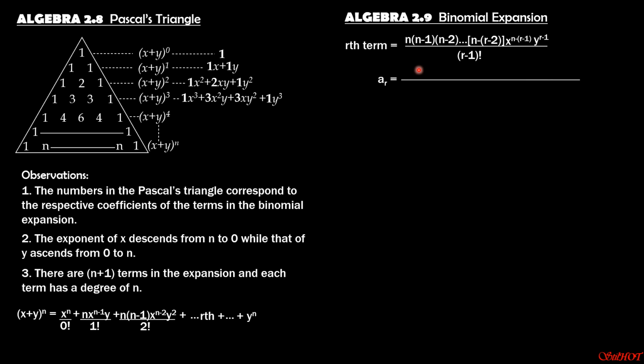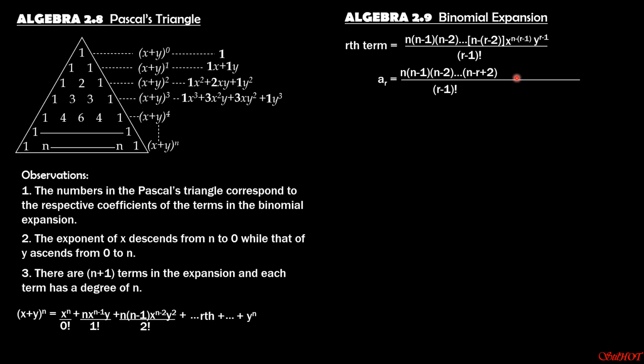So, simplifying further, we have n minus 1, n minus 2, dot. If we simplify this, this is n minus r plus 2, right? And because the pattern is we have a product that is descending by 1, the next factor supposedly here is n minus r plus 2 minus 1, which is n minus r plus 1. So the denominator is r minus 1 factorial.